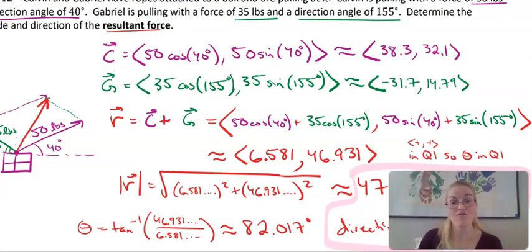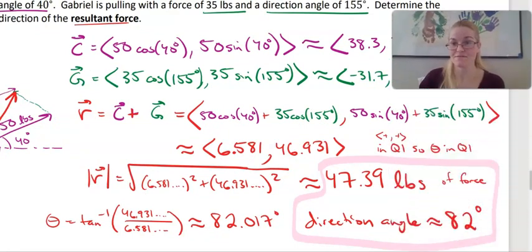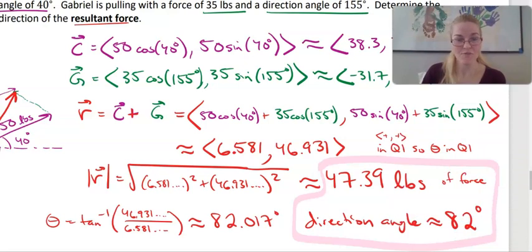So it's going to be about 47.39 pounds of force. And the direction angle, I can just say tangent inverse of my y component over my x component is going to give me about 82 degrees. Alrighty, that's where we will end this video.